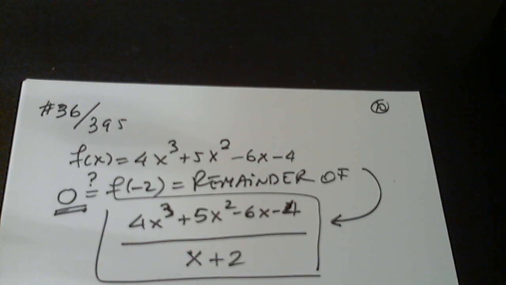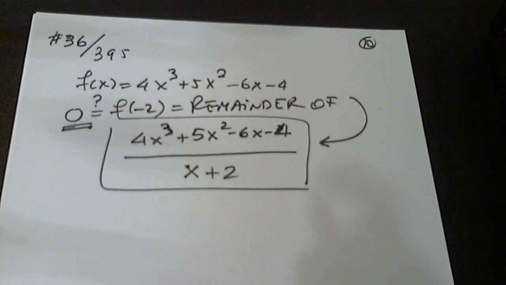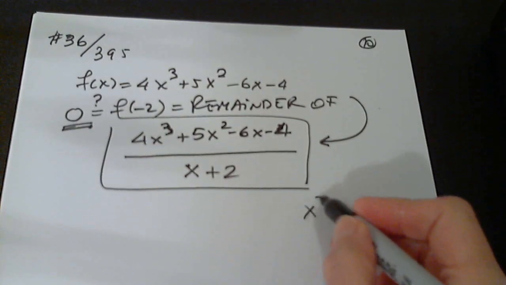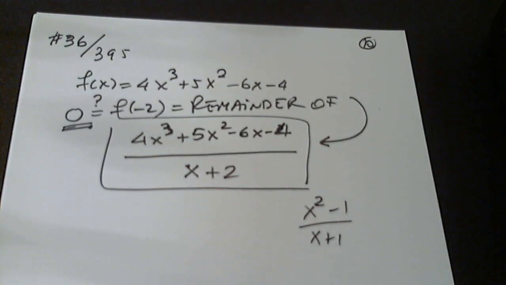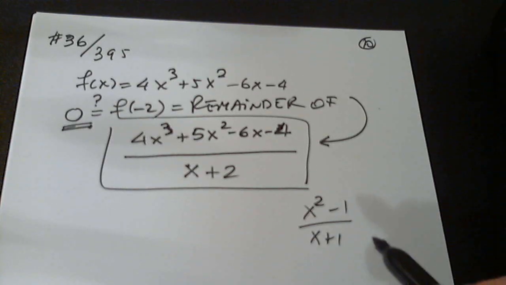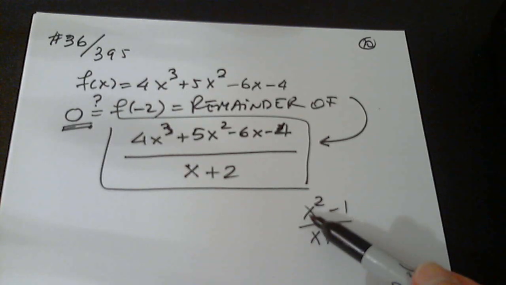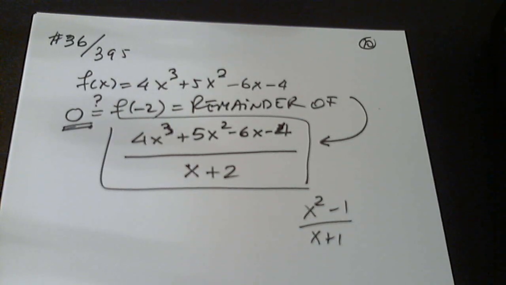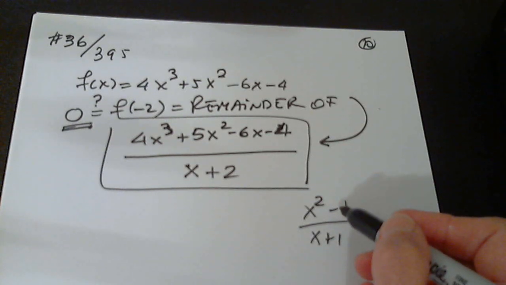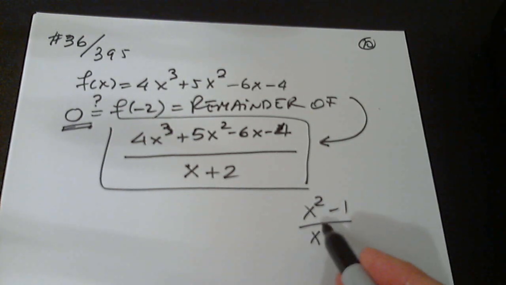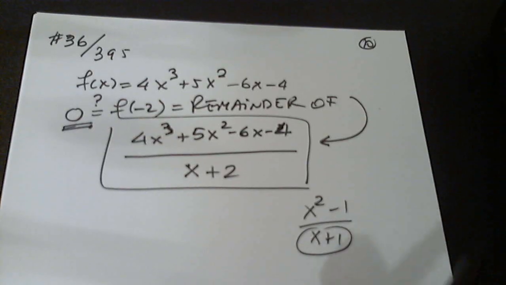Here's why. Do you remember when we had, for example, x squared minus 1 over x plus 1? Well, x plus 1 is a factor of x squared minus 1. Why? Because if I replace here, negative 1 squared minus 1 is 0. So the remainder of this polynomial, when I plug in negative 1, will be 0. That's why this is a factor of x squared minus 1.